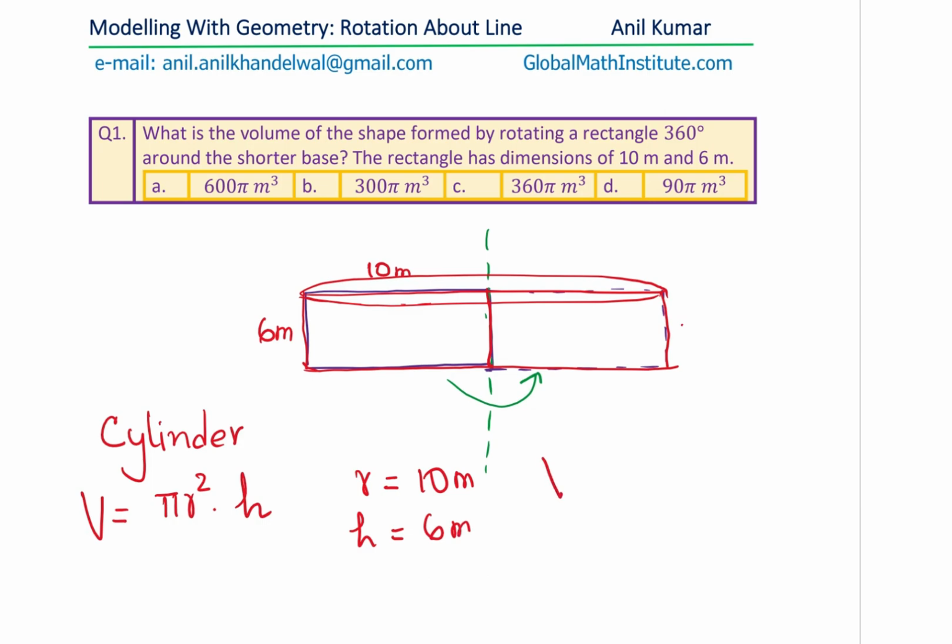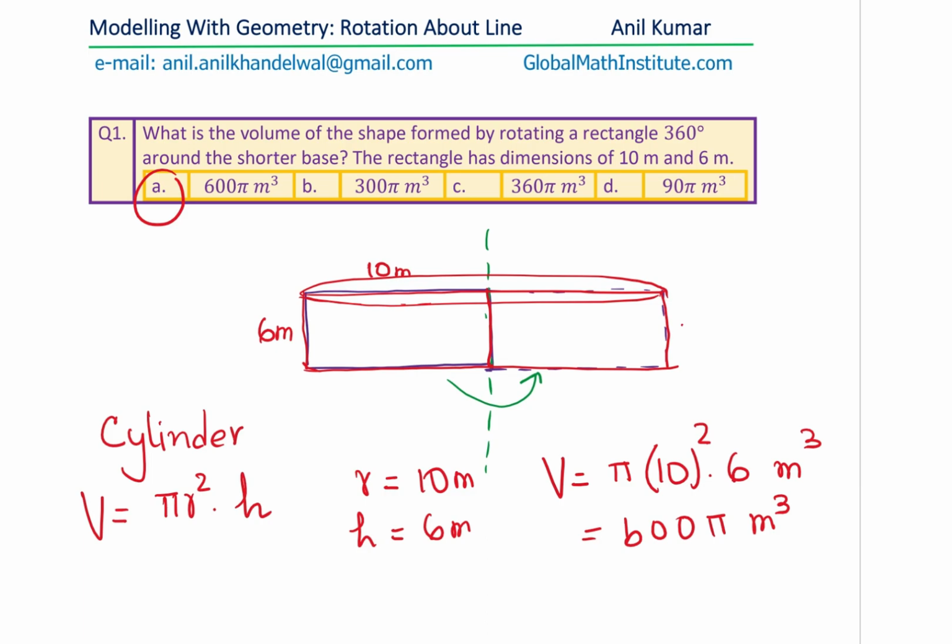Therefore, the volume will be equal to pi times 10 square times 6 meters, and so we get this in meter cube. Which is 100 times 6, which is 600. Let me write straight, 600 pi meter cube. And therefore, option A is the correct option.